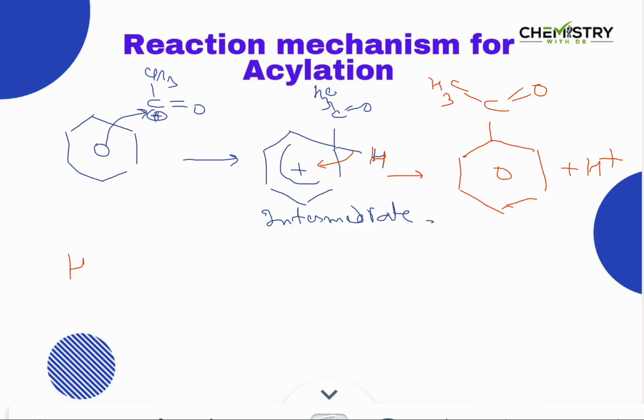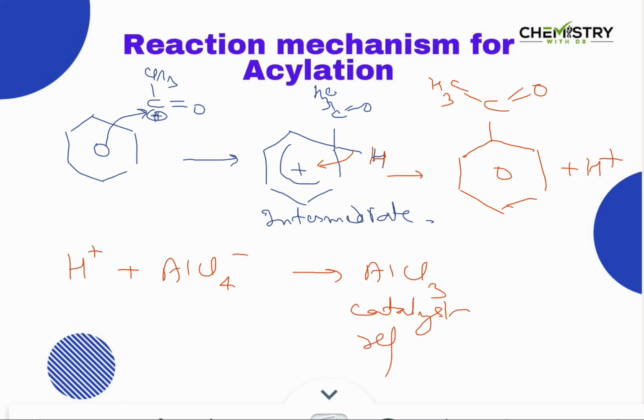So in the third step, the H plus will react with the AlCl4 minus, forming AlCl₃, the catalyst regenerated, and HCl. So in this way we have been able to get our target molecule, phenylethanone, and the catalyst has also been regenerated. So this is how the acylation takes place.